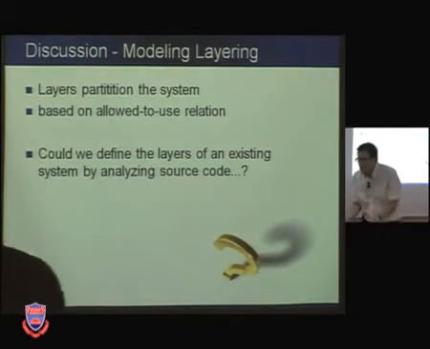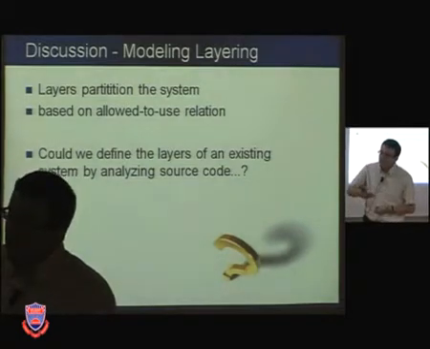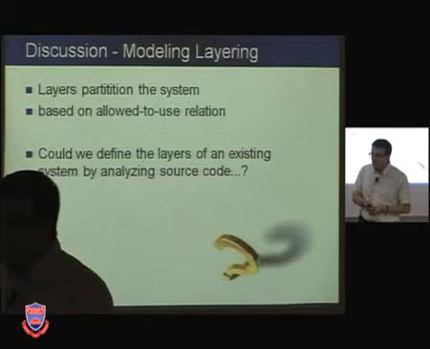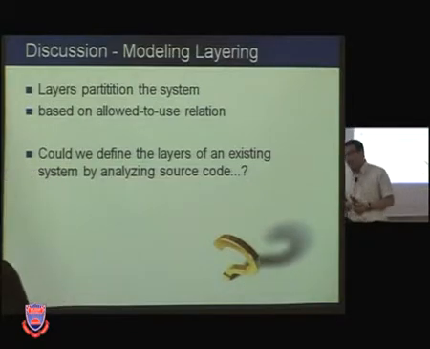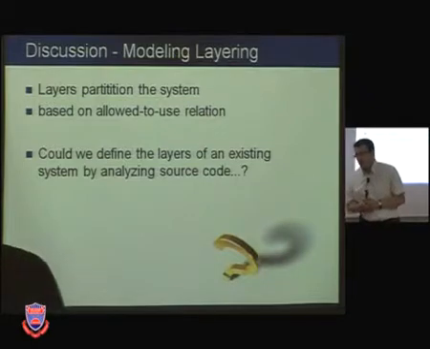The idea is that you have to design an architecture first, but sometimes you don't have one. So this is just a question: can you indicate the layers by looking at the source code?